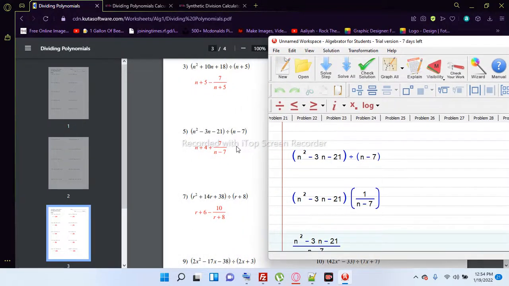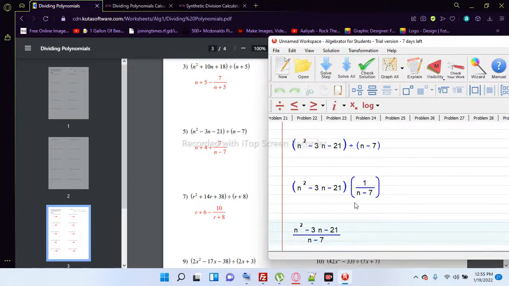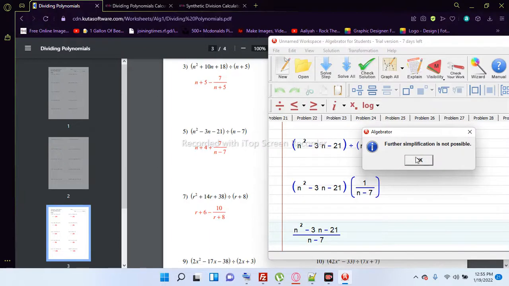N squared minus 3n minus 21, divided by, parentheses, n minus 7. So, it can't simplify it no more.